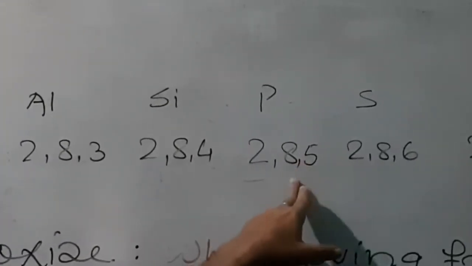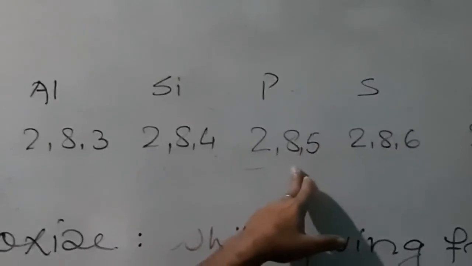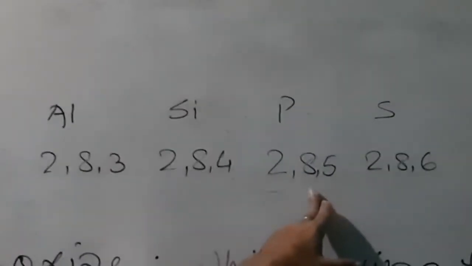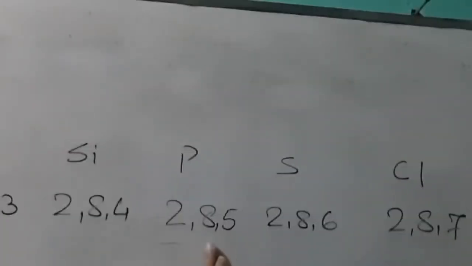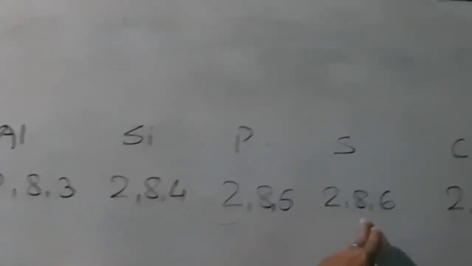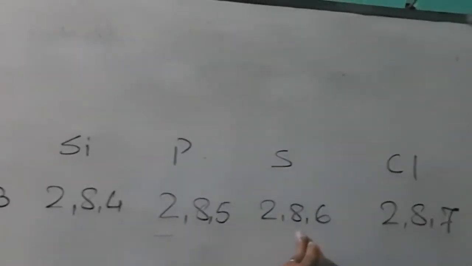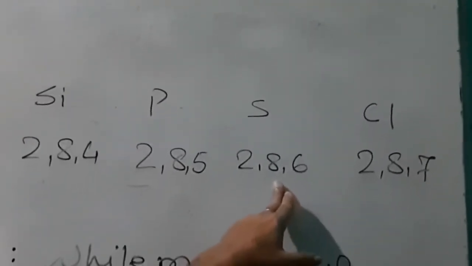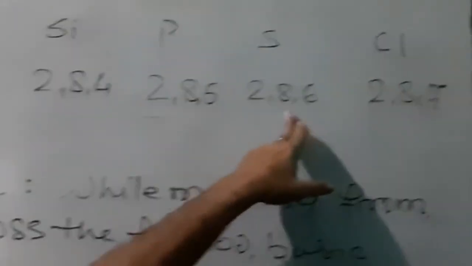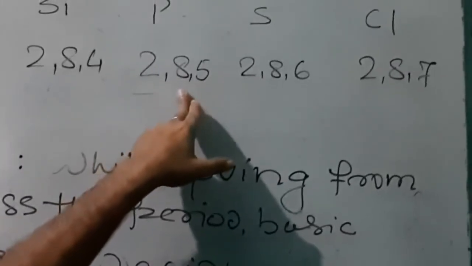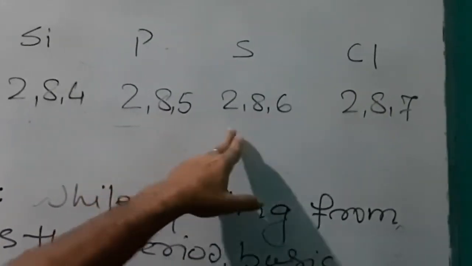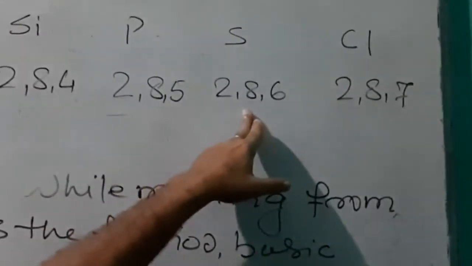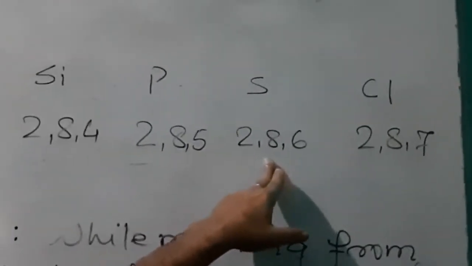So phosphorus onwards has a tendency to gain electrons. Sulfur has more tendency to gain electrons as compared to phosphorus, because sulfur is smaller in size.